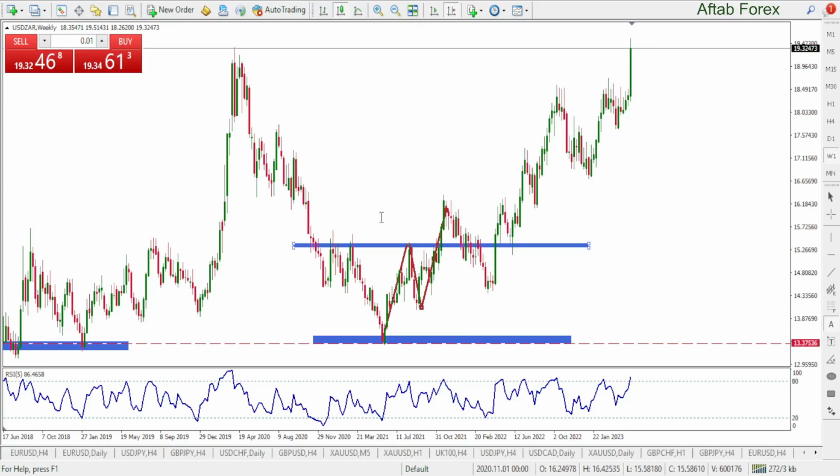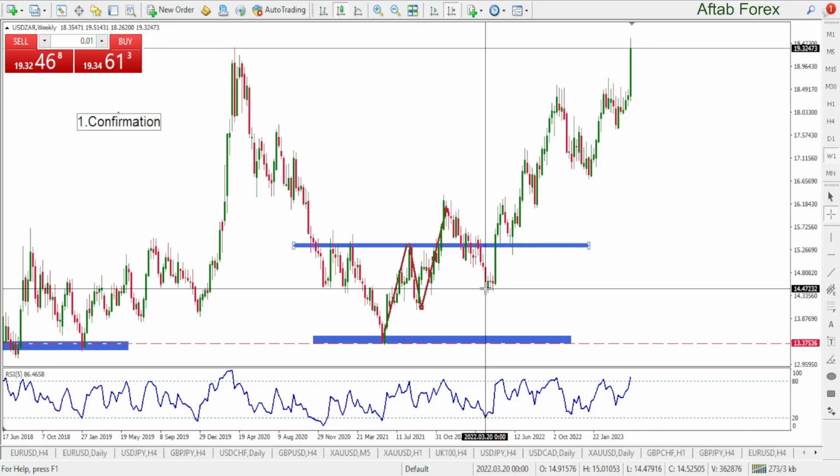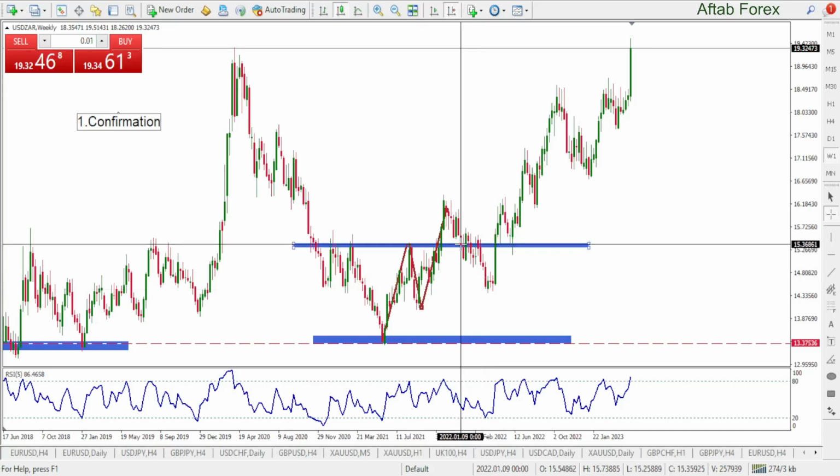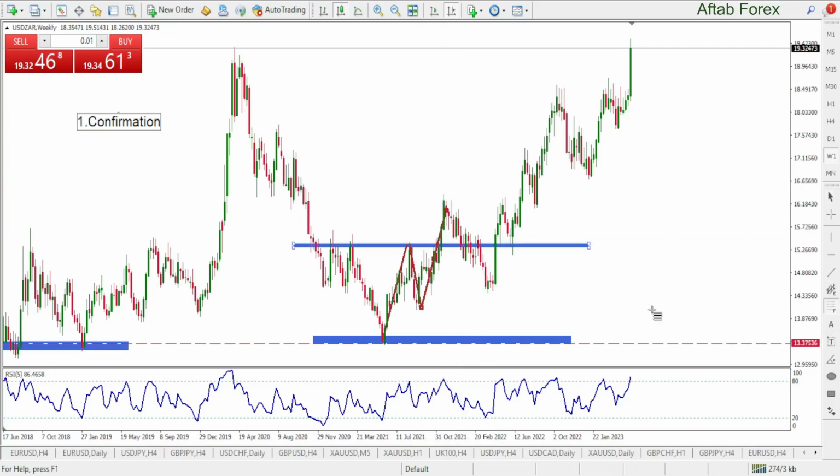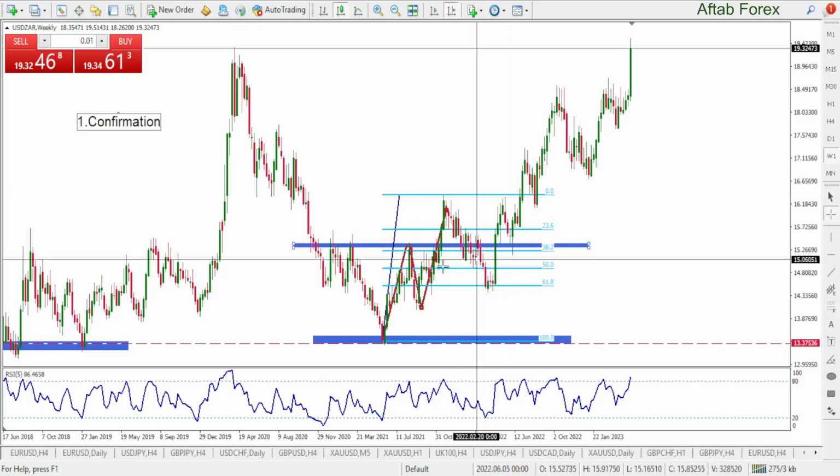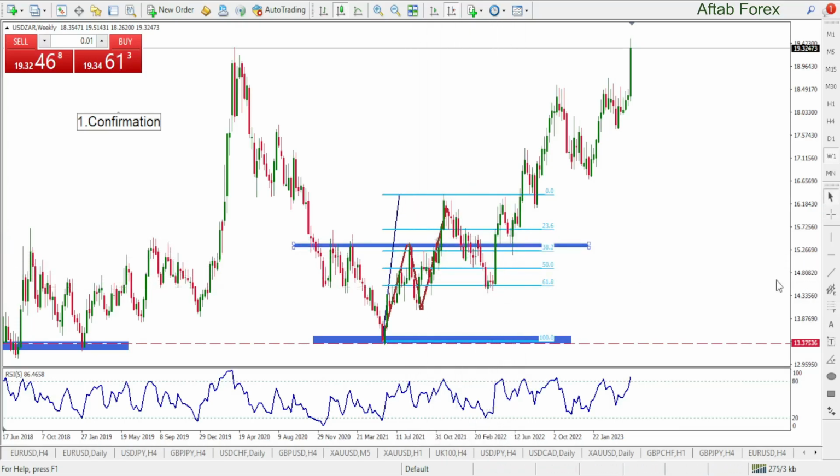Let me write it down right here so it will be easy. Confirmation, right? Where is the confirmation? No. Here is no confirmation, no candlestick pattern, nothing. But definitely, if you are, just like me, a Fibonacci trader, you will say, hey, leave this confirmation, let's wait near 61.8.